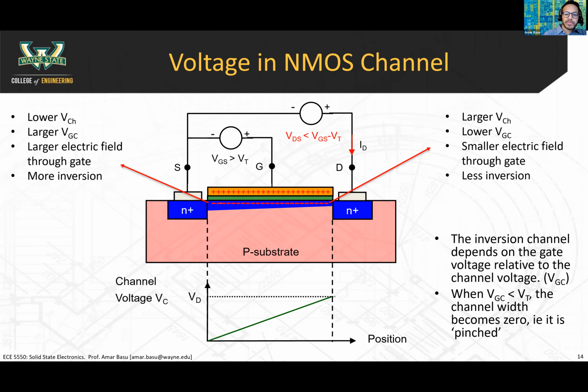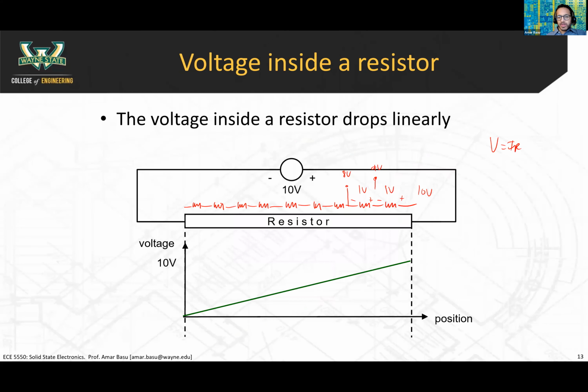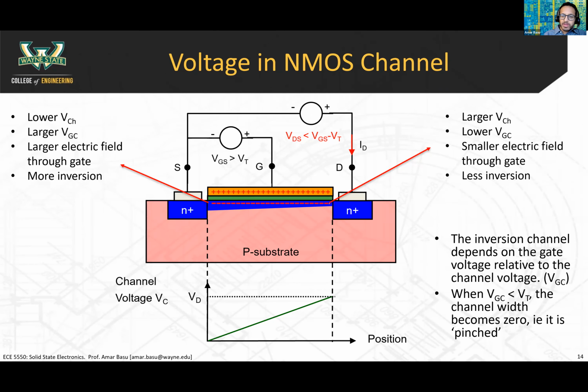Just like within the resistor, the voltage drops as you go from the high side to the low side, here the channel voltage is going to drop as you go from the right side to the left side.